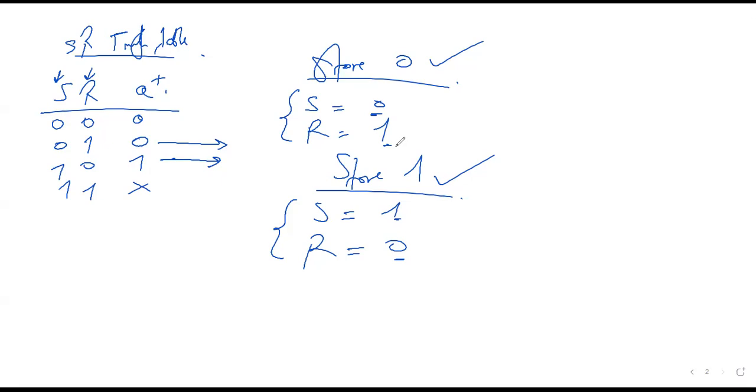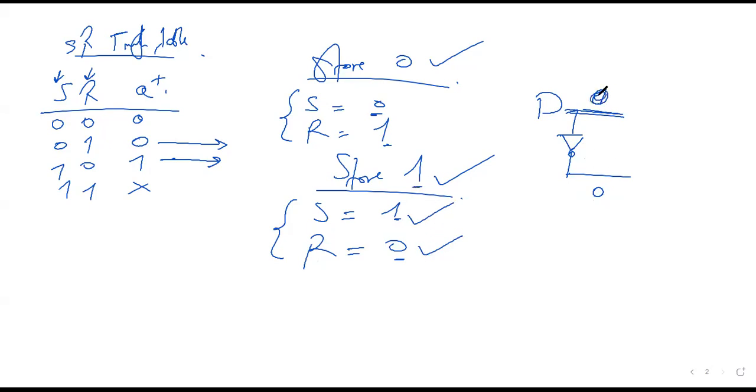This means instead of having two inputs S and R, why not have one input D and put an inverter on it. Now, if I have 1 here, the other input is 0, so I'm storing a 1.